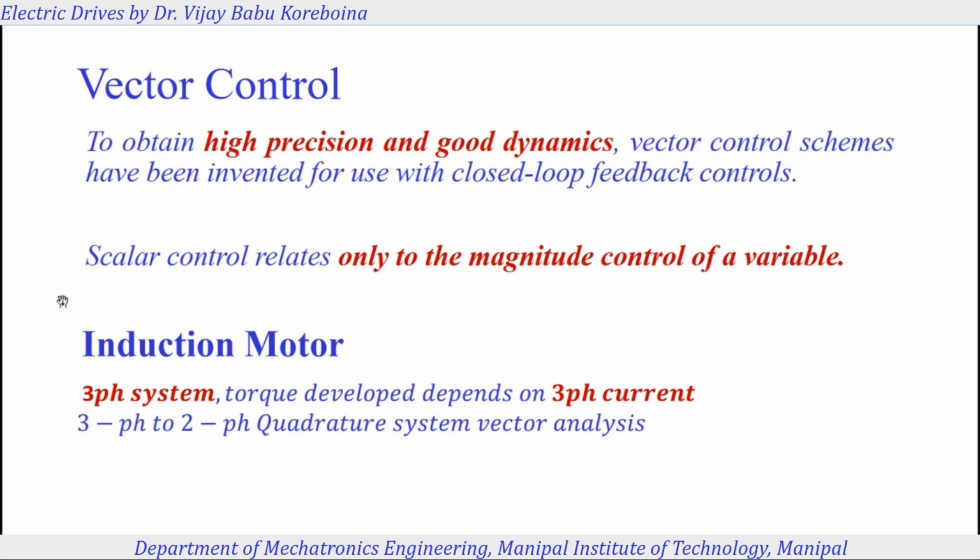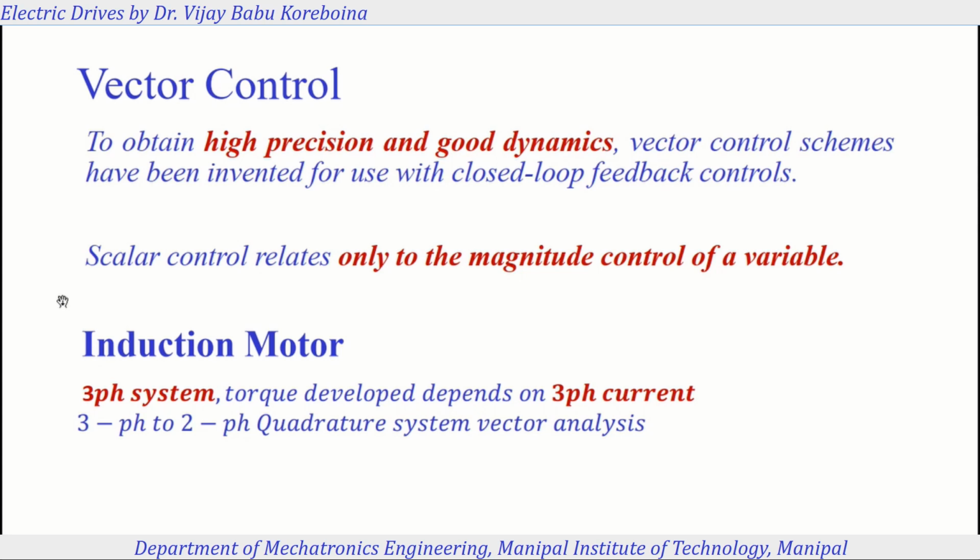In the case of an induction motor drive, we know very well it's a three-phase motor. A three-phase AC supply is given to the induction motor. That produces three-phase current, that produces three-phase flux, and they interact and produce torque.